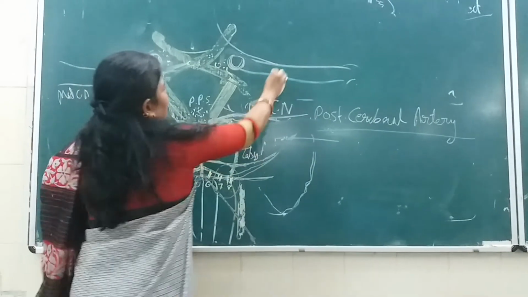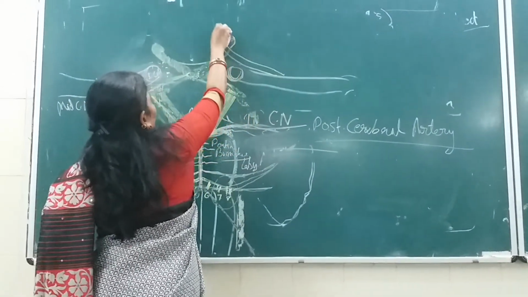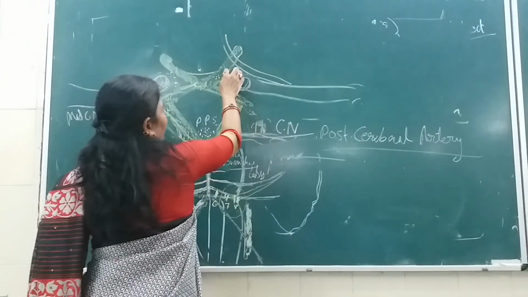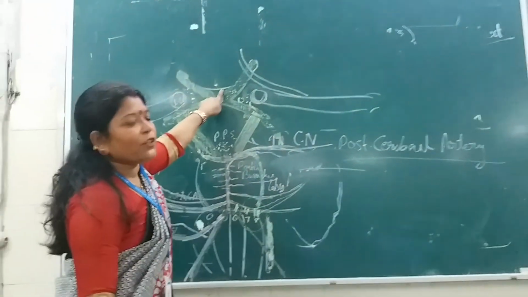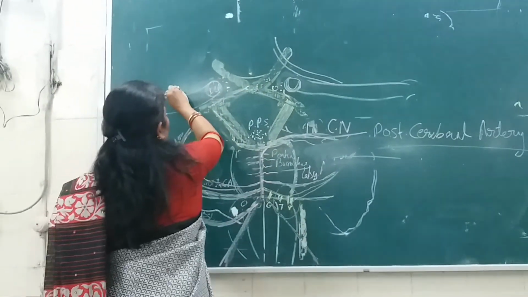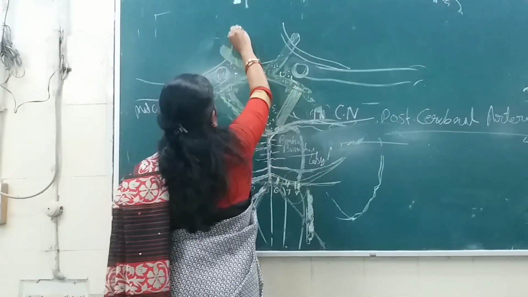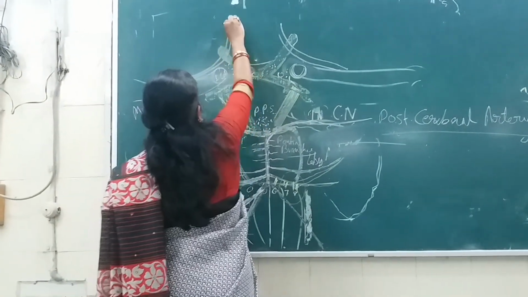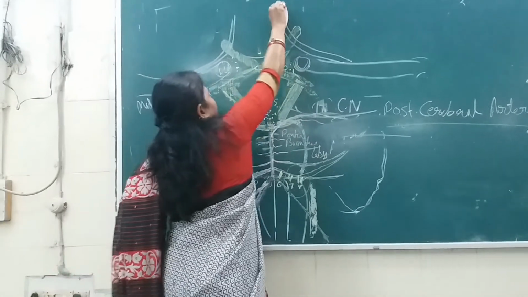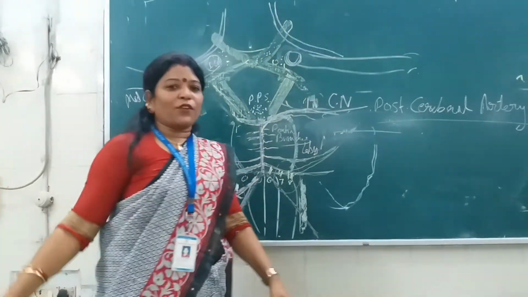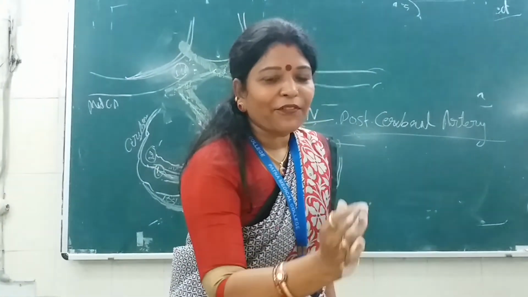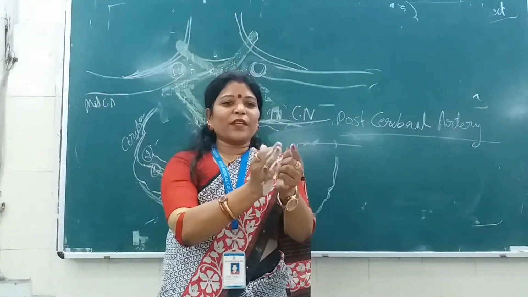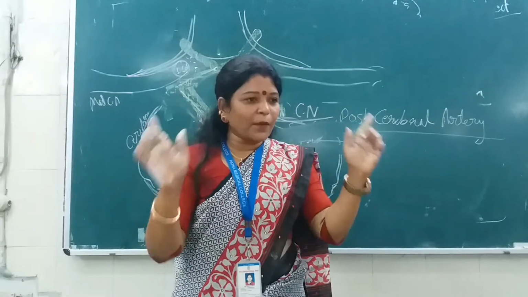This artery will run ventral to the optic nerve. And where will it go, from both the sides? It will go towards which fissure? The longest fissure of the brain, that is the medial sagittal fissure, the fissure which divides the two cerebral hemispheres.